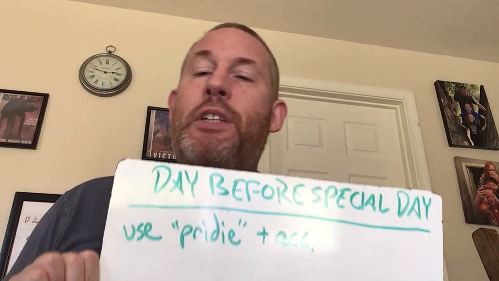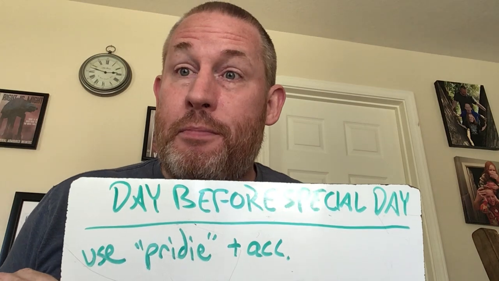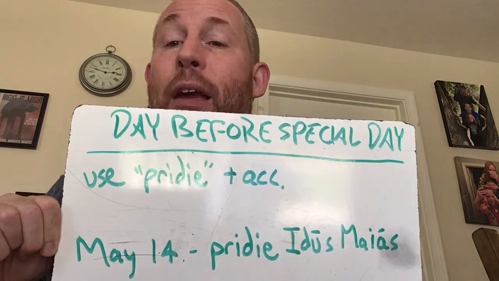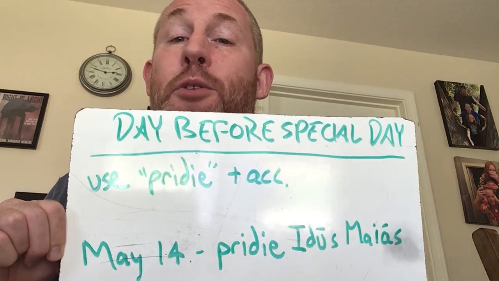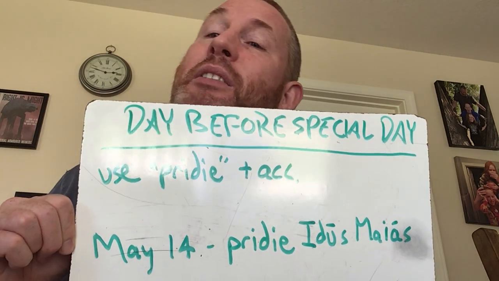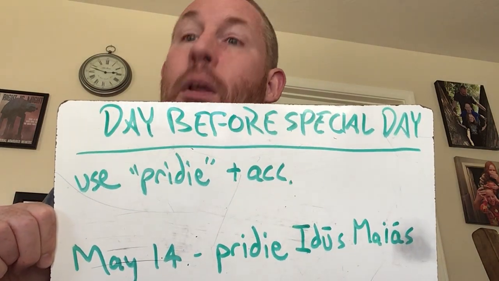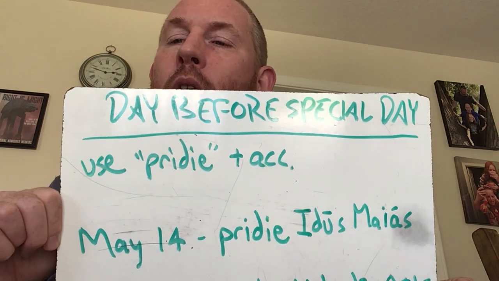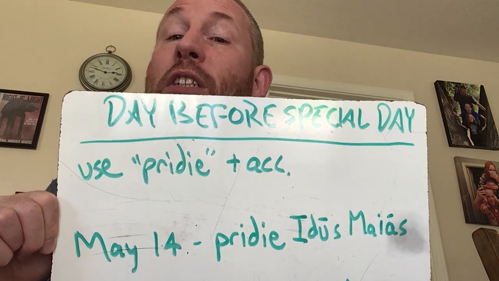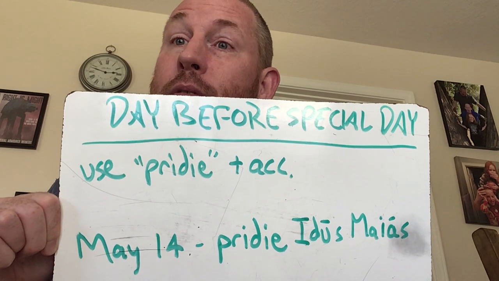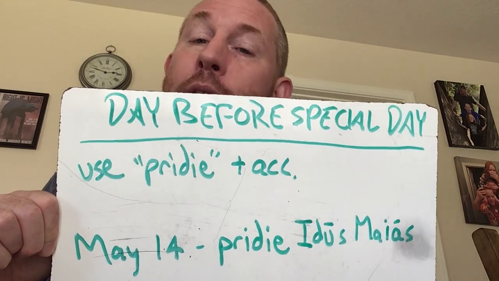Let's say it's not on the special day. Let's say it's the day before the special day. You're going to use pridie plus the accusative. So you're going to say that May 14th is pridie Idus Maias, because this is technically motion through time. Time flies like an arrow. Fruit flies like a banana. So May 14th, pridie Idus Maias, the day before the Ides of May.